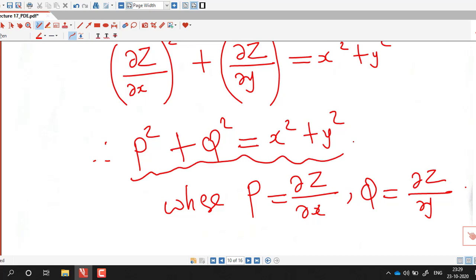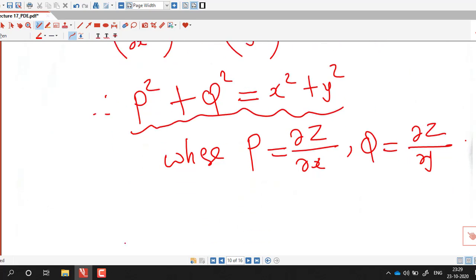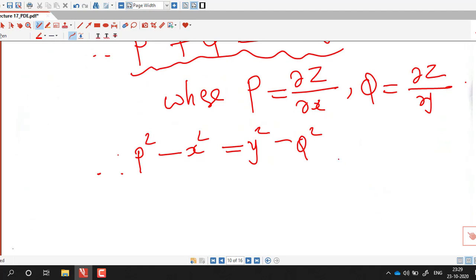Now we can separate it out. I write p square minus x square equal to y square minus q square. So it is in standard form 3, so we assume that both are equal to a.